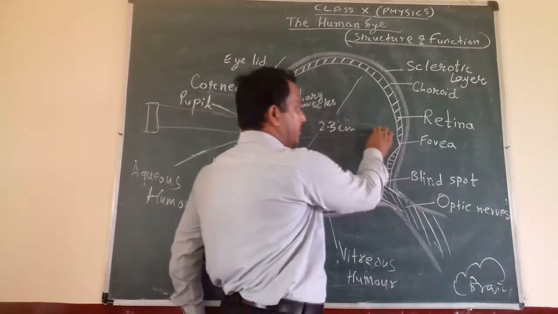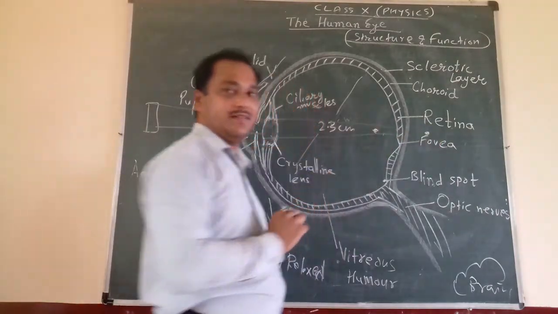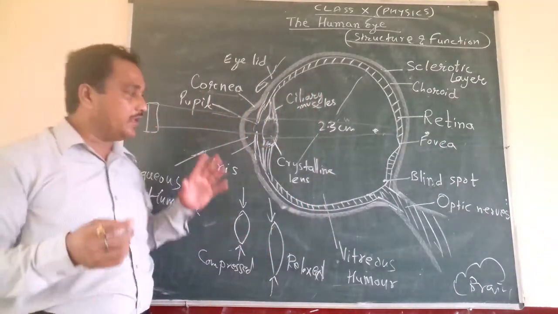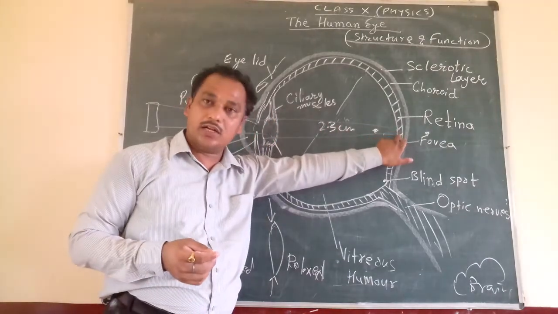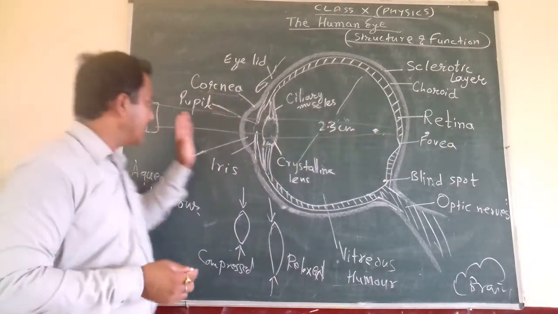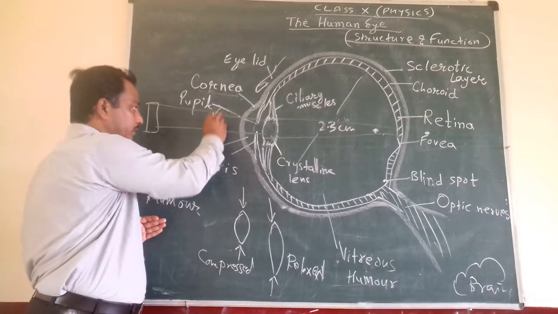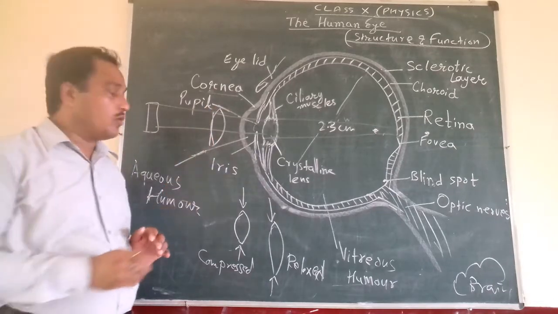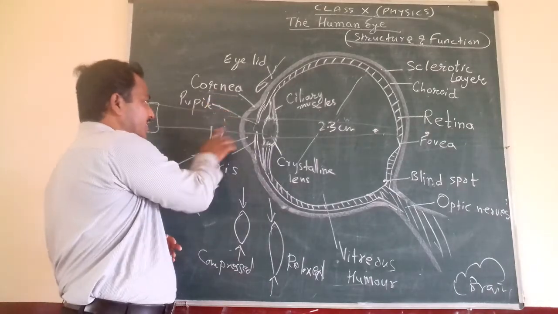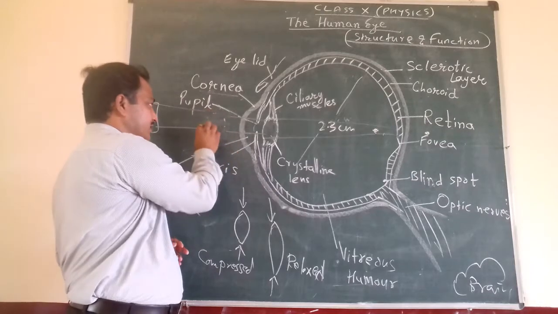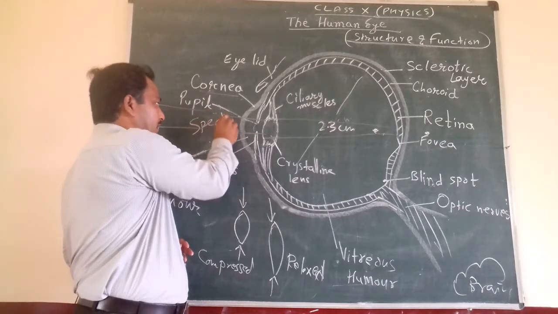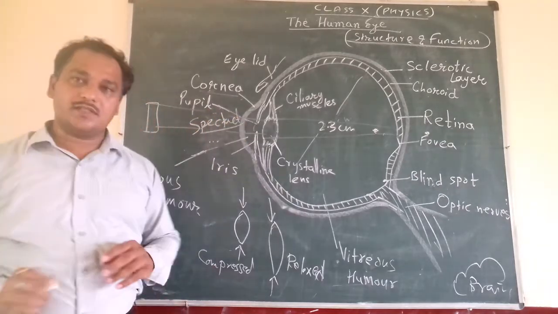In hypermetropia, the image is formed after the retina. How can we bring the image back to the retina? By keeping a lens in front of our eye. We use convex and concave lenses here in the form of spectacles. Why are spectacles used by a person?